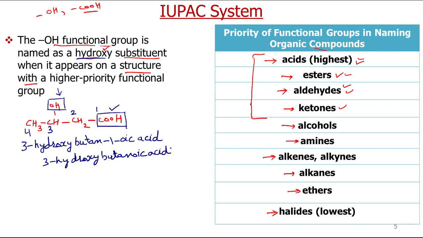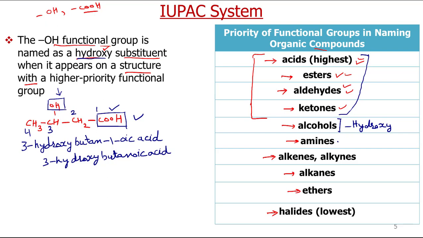So this is the IUPAC name for this compound. So this rule says that if functional groups having higher priority are also present in addition to the OH group, then while naming these alcohols we have to use the prefix hydroxy.